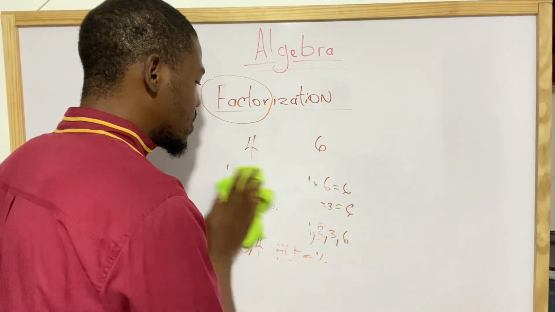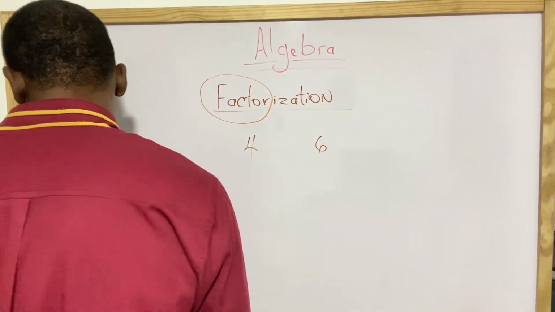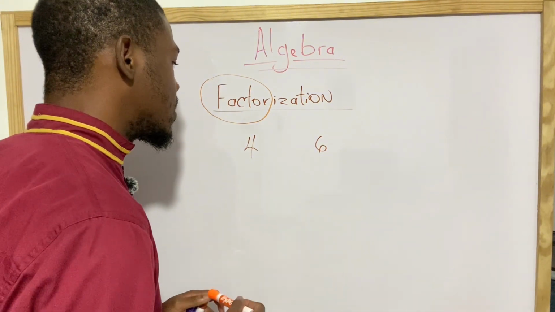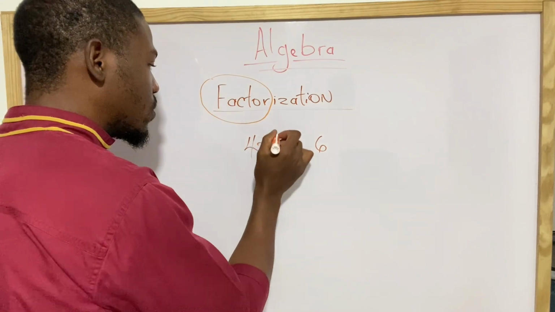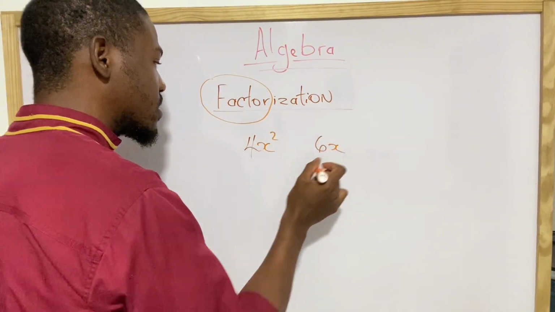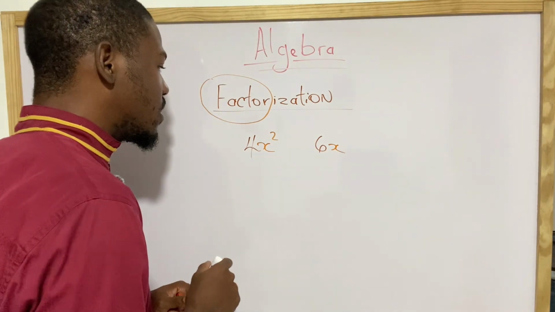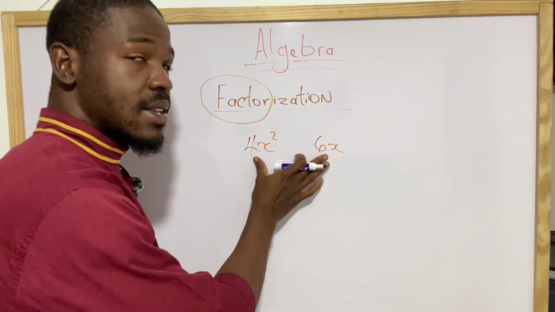So with that understanding, we're just going to keep the 4 and the 6, and go back to our x squared and our x. When we look at this, we see our coefficients 4 and 6.